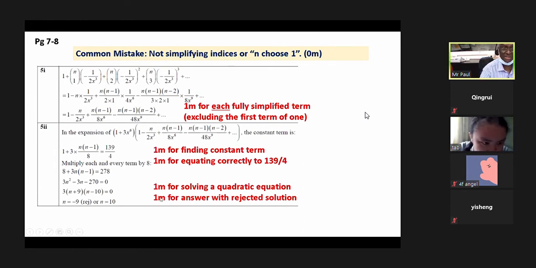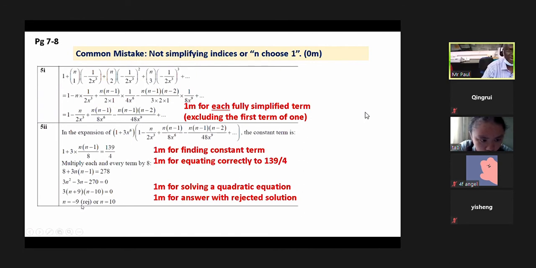What else gives you a constant term? Look carefully. Now this x to the 6, do you see x to the 6? And here's an x to the 6 at the denominator. If you take this one and multiply this one, then your x to the 6 and your x to the 6 will cancel off. That's why this is your constant term. Do you follow? This 3 here is this 3. If you simplify, then you get this already, then equate, then you must solve.